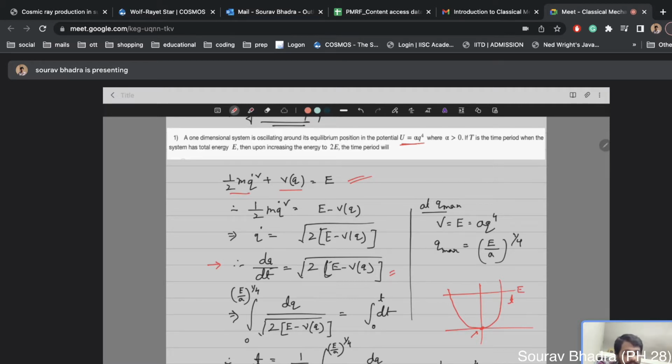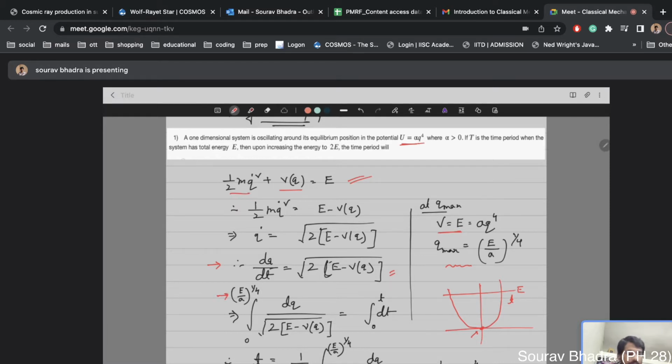At the highest position your kinetic energy will be 0 and all the energy will be potential energy. So V equals E, which is alpha q to the power 4 at q equals q max. From there you can calculate q max, and that will be the upper limit of the q integration.